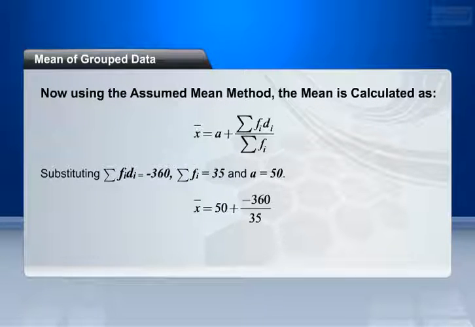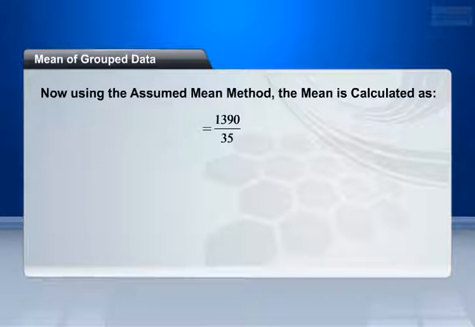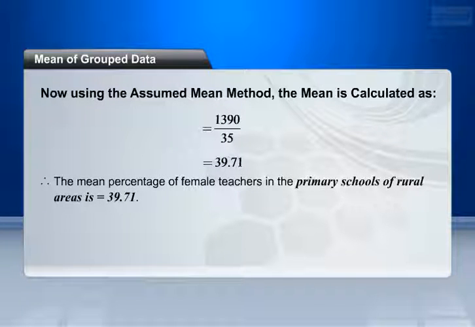By taking 35 as LCM, we get x bar equals 1750 plus minus 360 by 35. This is equal to 1390 by 35, which is equal to 39.71. Therefore, the mean percentage of female teachers in the primary schools of rural areas is 39.71.